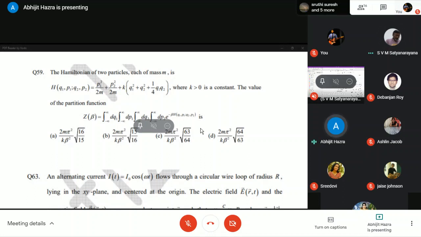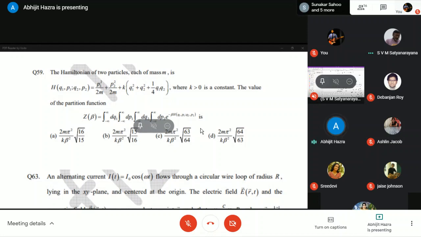Okay, sir. We tried to solve that without the transformation and couldn't, but they have taken a certain transformation. At that time, we thought they had guessed that transformation so that they can write it in square terms, capital Q1 square plus capital Q2 square, and then it can be easily solved.